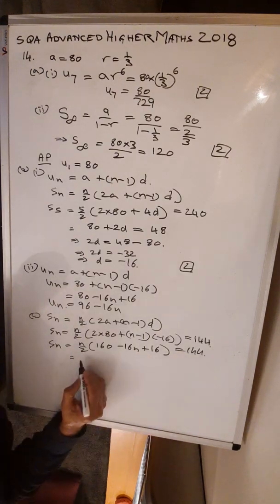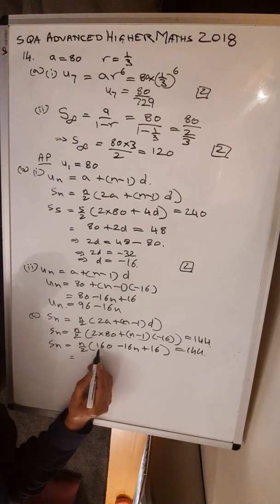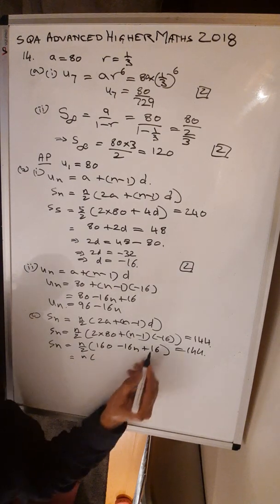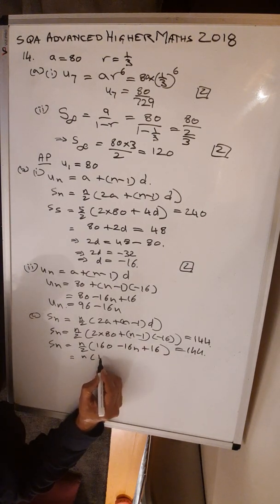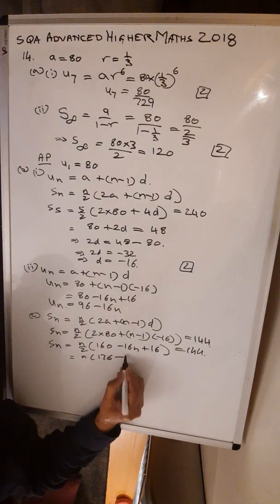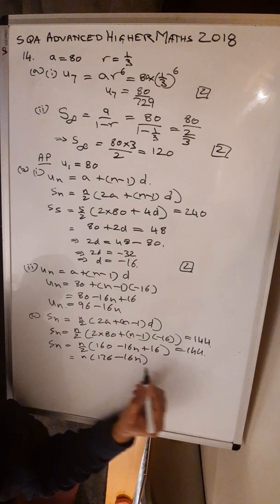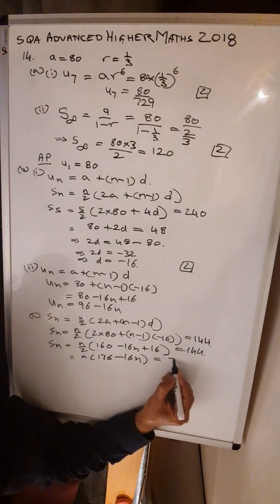So you multiply the other side by that, which gives you n times 176 minus 16n is equal to 288.